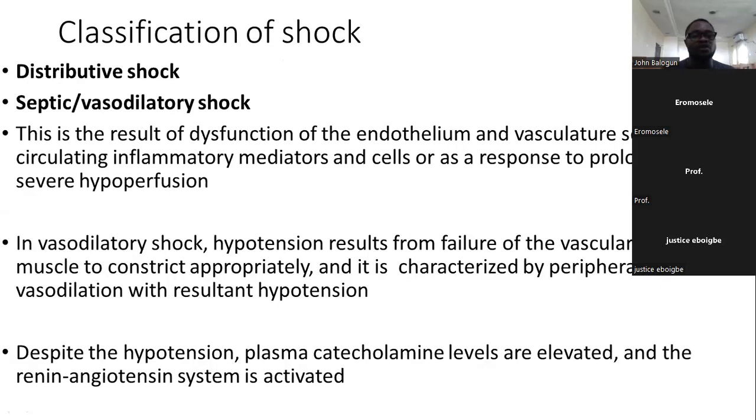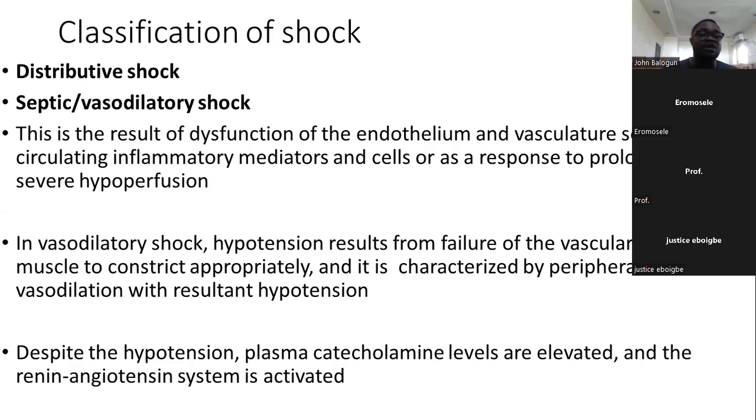So for distributive shock, what distributive shock simply means is that the problem is not coming from the heart, first of all. It's coming as a result of failure of flow, primarily from flow of blood.